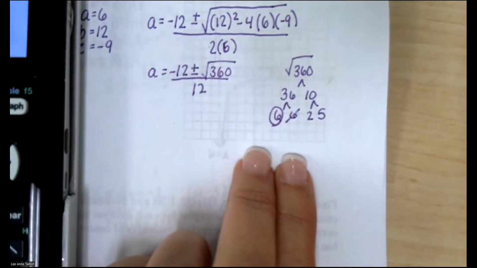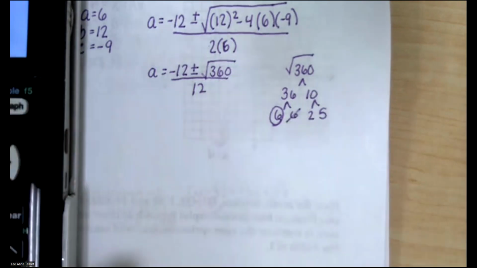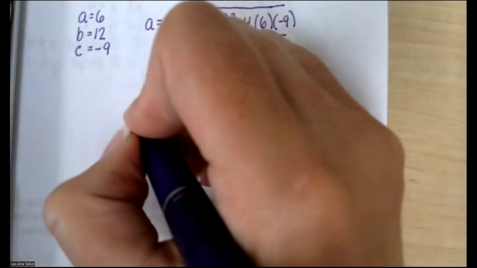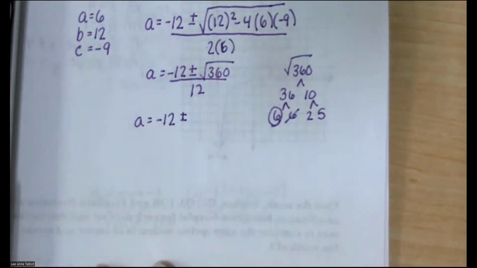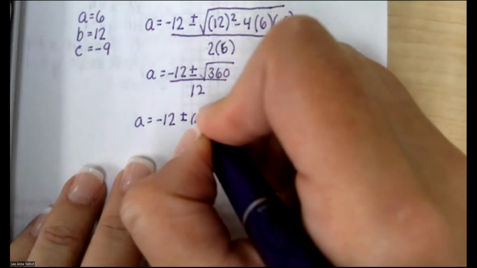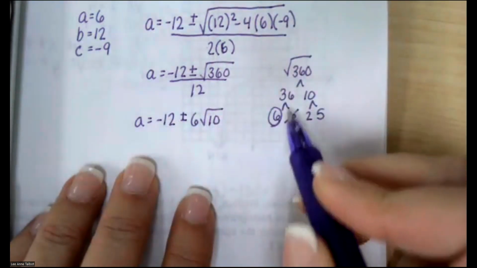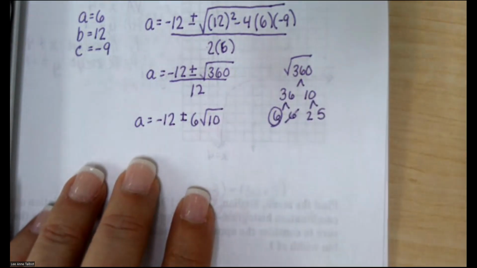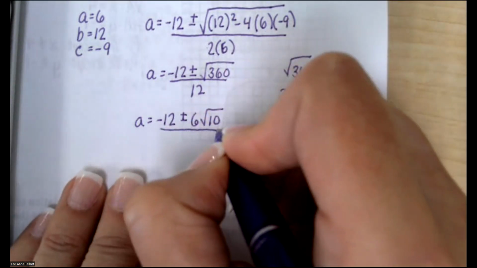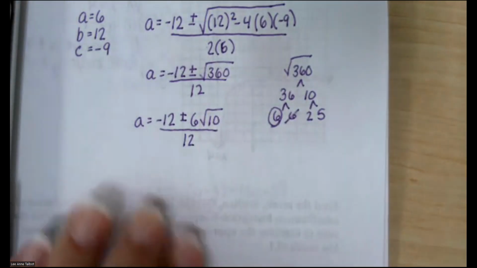You've got a pair of 6s. That's good. Okay, what comes outside? Beautiful. 6 root 10. 6 comes outside. The 2 and the 5 multiply back together and stay inside. And then reduce.